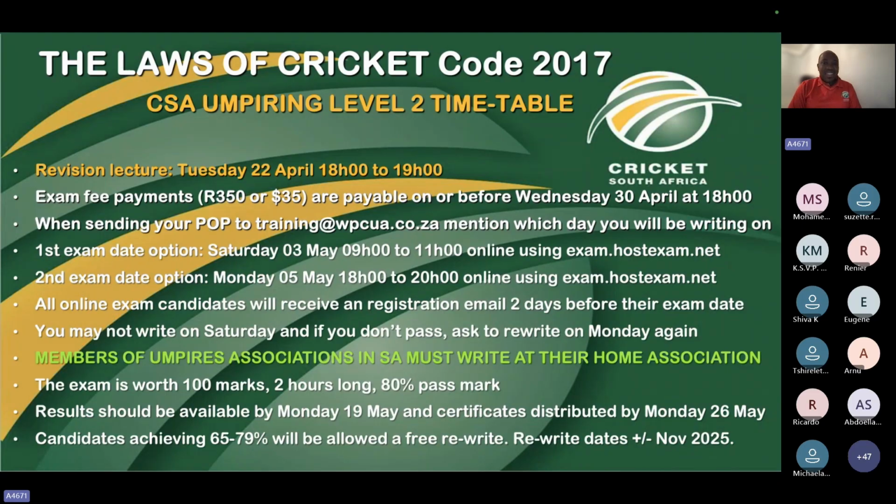The latest date is Wednesday, 30th of April at 6 p.m. South African time. So if you have already mentioned to me what date you'll be writing, but circumstances have changed in your plans, then you may, up until Wednesday, the 30th of April at 6 p.m., email training@wpcua.co.za to change your exam date.